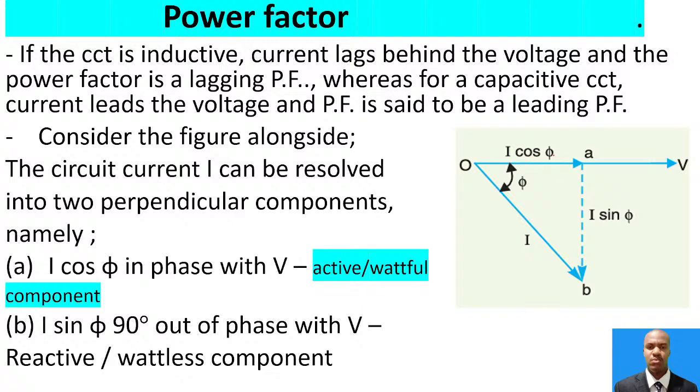That is along with voltage, and if you multiply by voltage V to get VI, it simply means that the first one on top, along O to A, is the active or the wattful component. This is the actual power that does the actual work in a circuit.